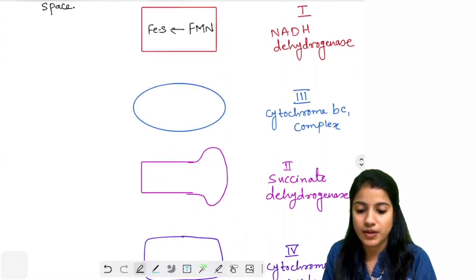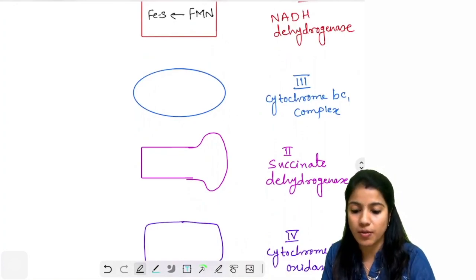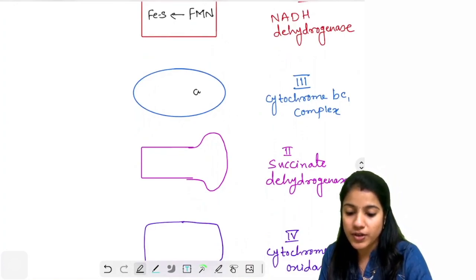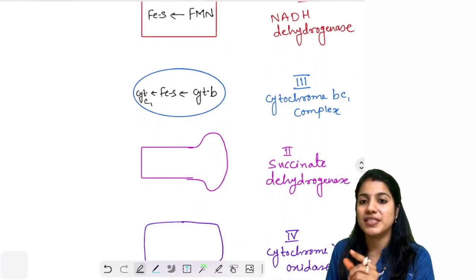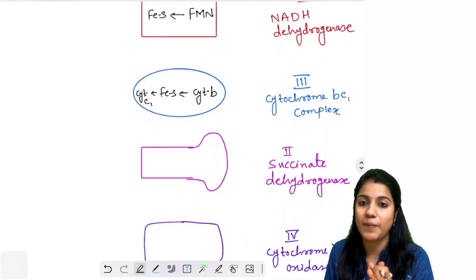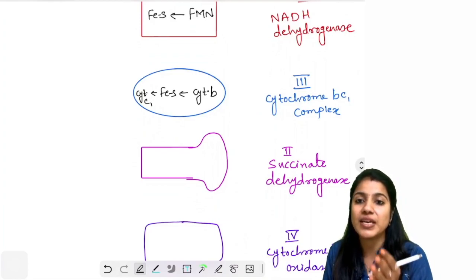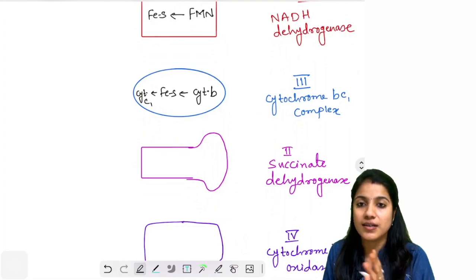Complex 3, the cytochrome BC1 complex, is made up of cytochrome B, FeS and cytochrome C1. It is easy to remember because the name of the complex is cytochrome BC1 complex, and the components are also B, FeS and C1.